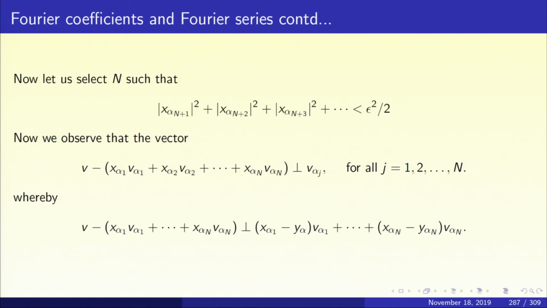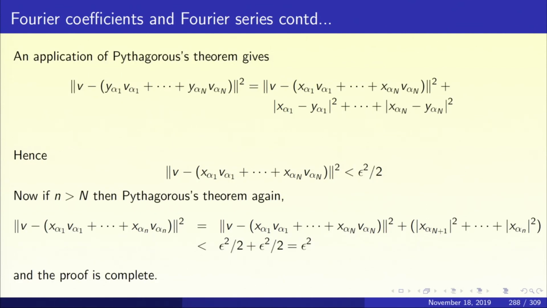And so, v minus x alpha 1 v alpha 1 plus etc. plus x alpha N v alpha N is orthogonal to x alpha 1 minus y alpha 1 v alpha 1 plus etc. plus x alpha N minus y alpha N v alpha N. Now, we must apply the Pythagoras' theorem. No prizes for guessing. Apply the Pythagoras' theorem, and what do we get?